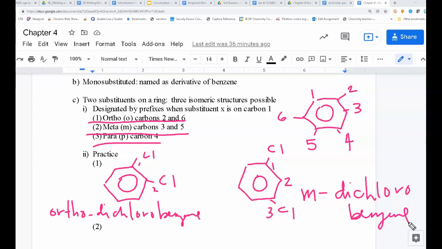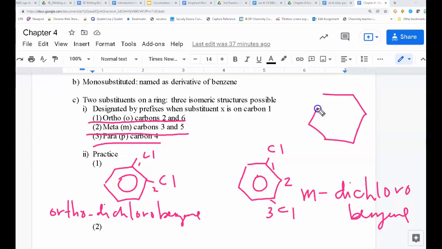So the next one, well, what about if this was para? If this was para, then I would have my 2 chlorines, and I'm going to erase this one right here. For it to be para, it has to be in the 1 and 4 location. So I'm drawing my benzene with the chloro in the 1 and directly opposite in the 4 location.